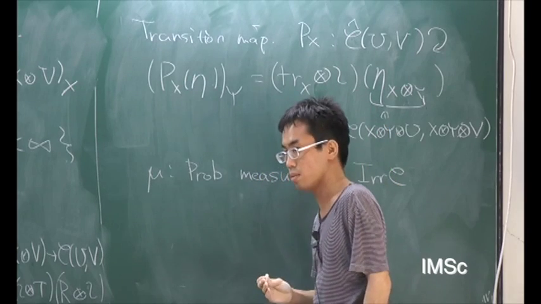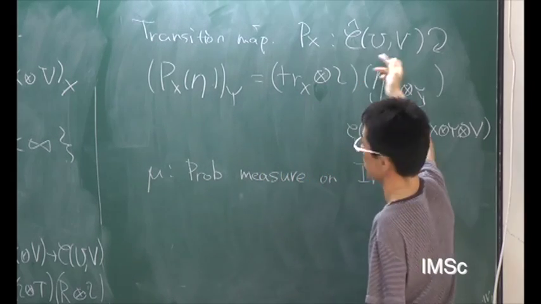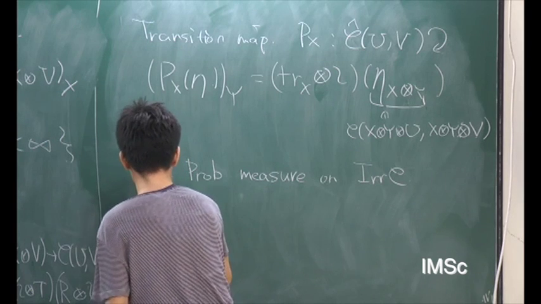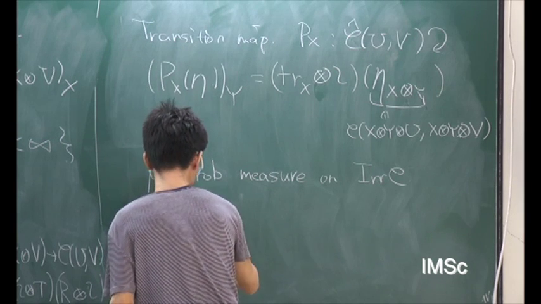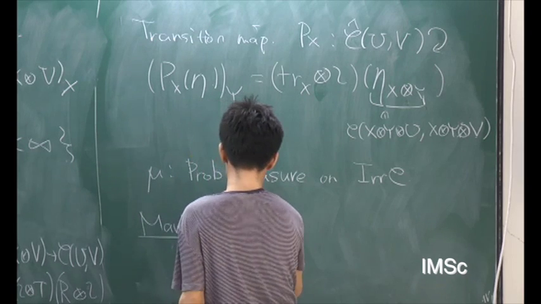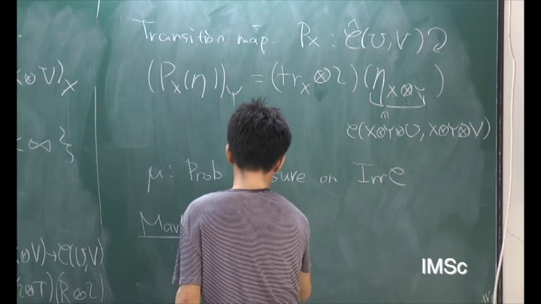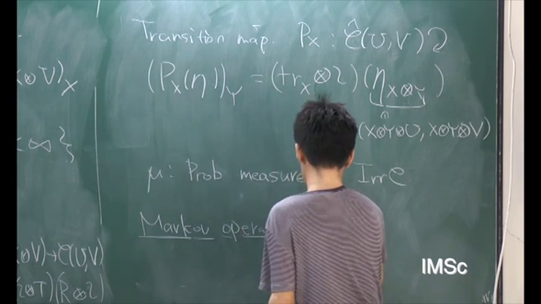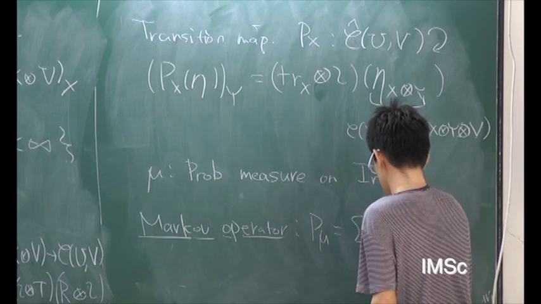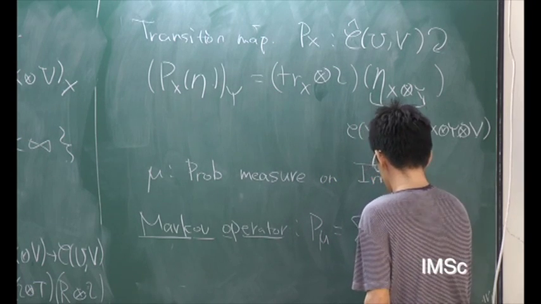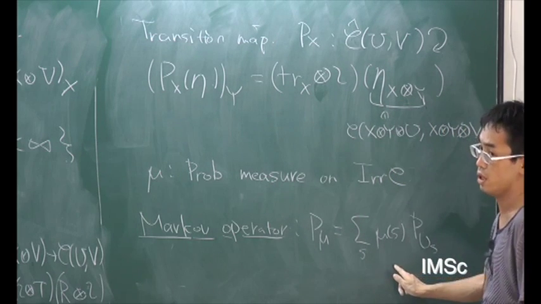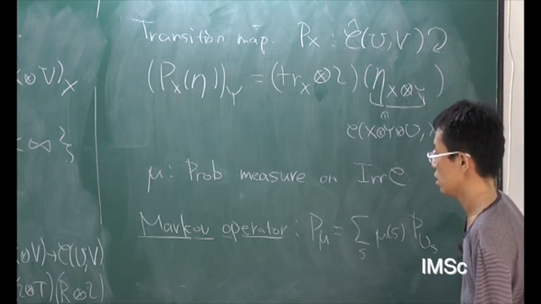Then the associated Markov operator acting on these C hat sets, call it P_mu, is the sum of mu(s) P_{u,s} with the weight mu(s).